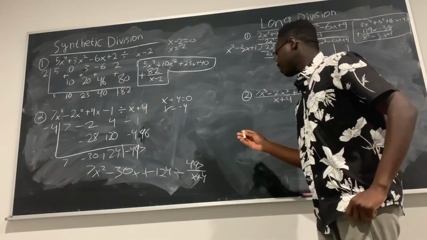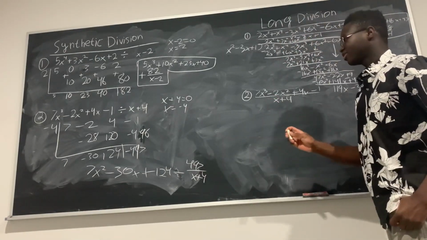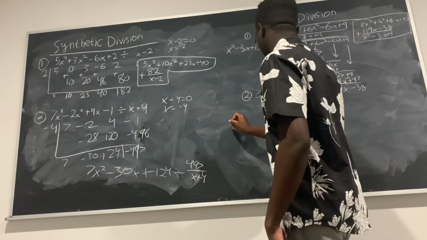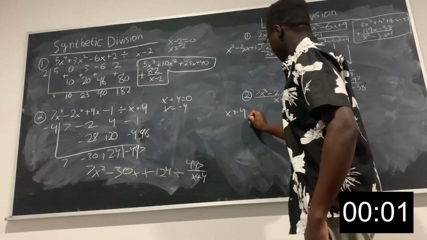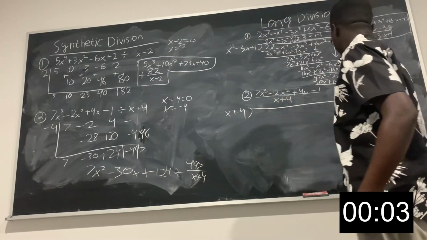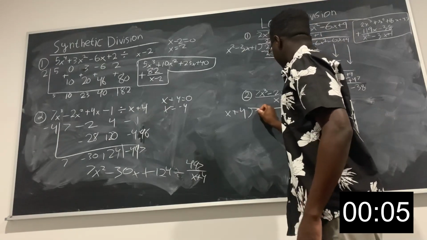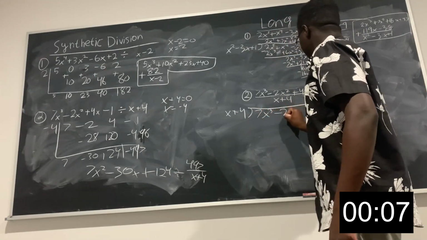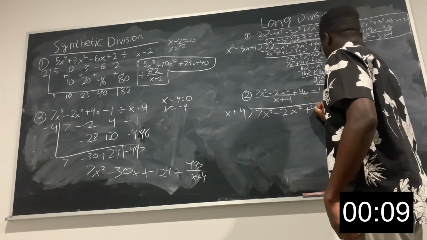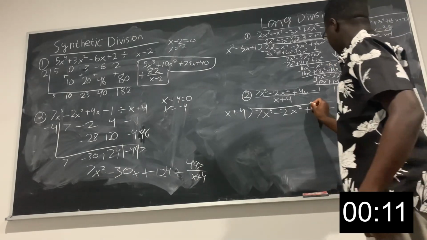Now, the same division, but with long division. Starting now. So x plus 4, division bar, went along. 7x cubed minus 2x squared plus 4x minus 1.